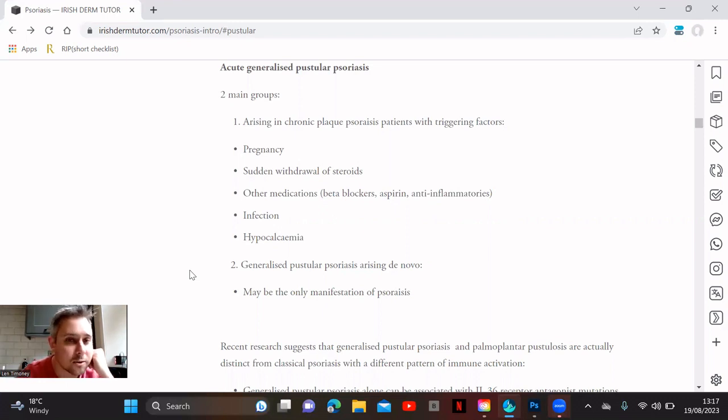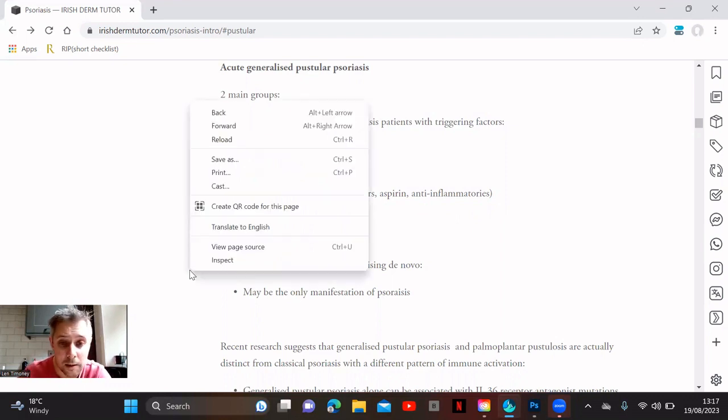Triggers could include pregnancy, as mentioned already, or sudden withdrawal of steroids. Other medications might do it, like beta blockers, aspirin, and anti-inflammatories. Infection might do it, or hypocalcemia. But you can also get a generalized pustular psoriasis that just arises by itself, and it may be the only manifestation of psoriasis; they might not have ever had psoriasis before.